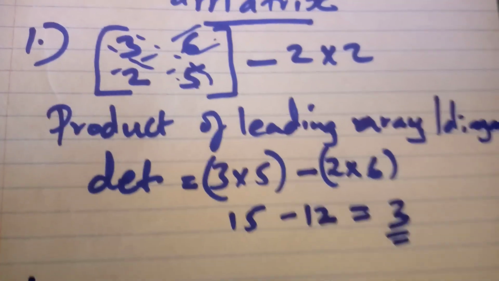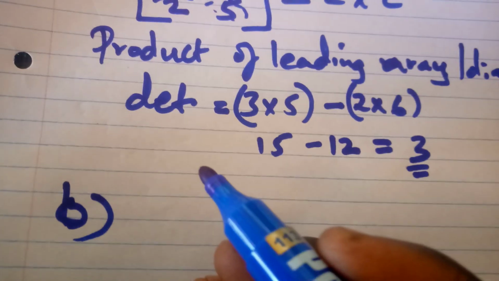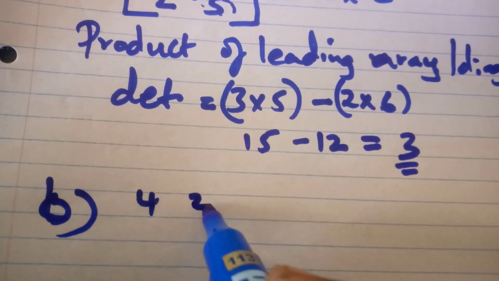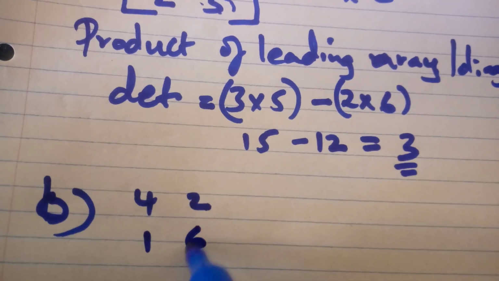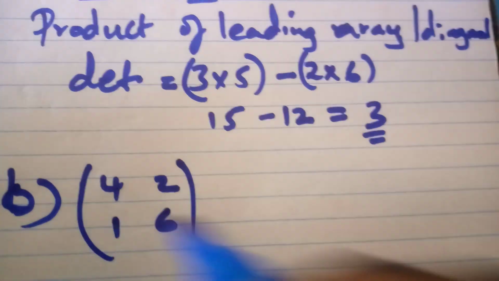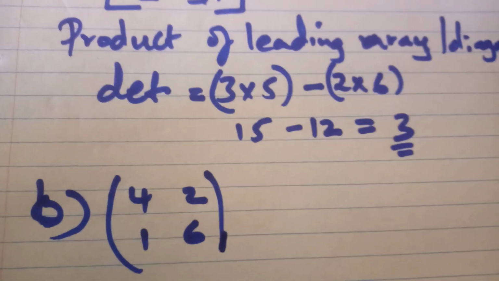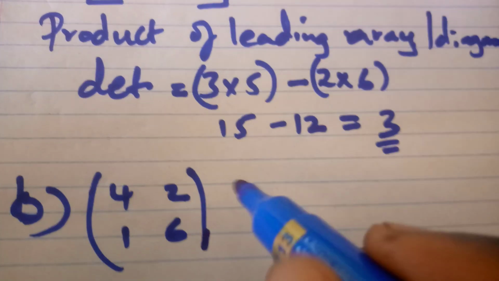Second scenario, you can have a given matrix as 4, 2, 1, 6. This idea is very important because it's going to help us to find the inverse of a matrix.